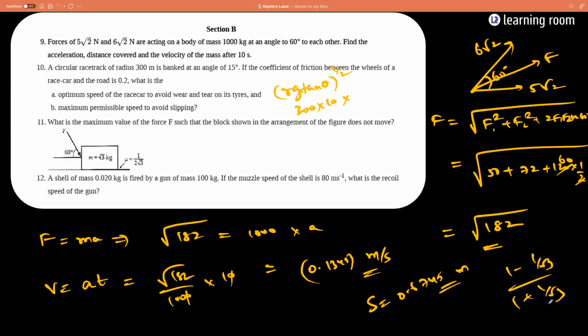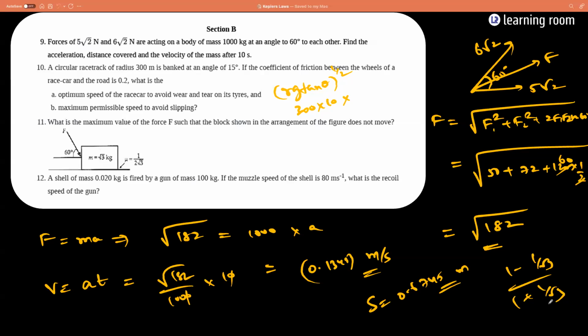So root 3 minus 1 by root 3 plus 1. Multiply numerator and denominator by root 3 minus 1. Numerator: root 3 minus 1 the whole square, 3 plus 1 minus 2 root 3.